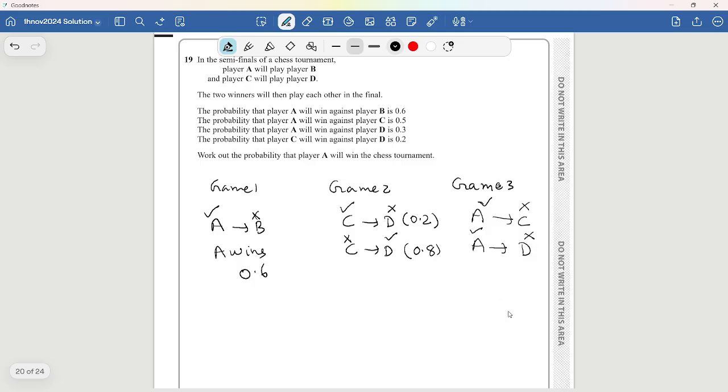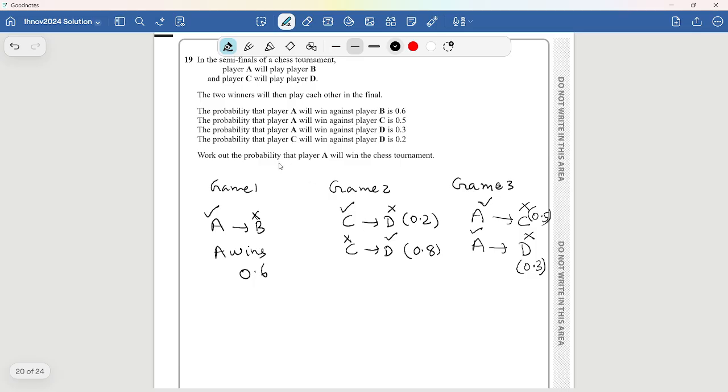So what is the probability of A winning against C in Game 3? It is 0.5. And the probability that A will win against player D is 0.3. So these are all the information we have got from the question.